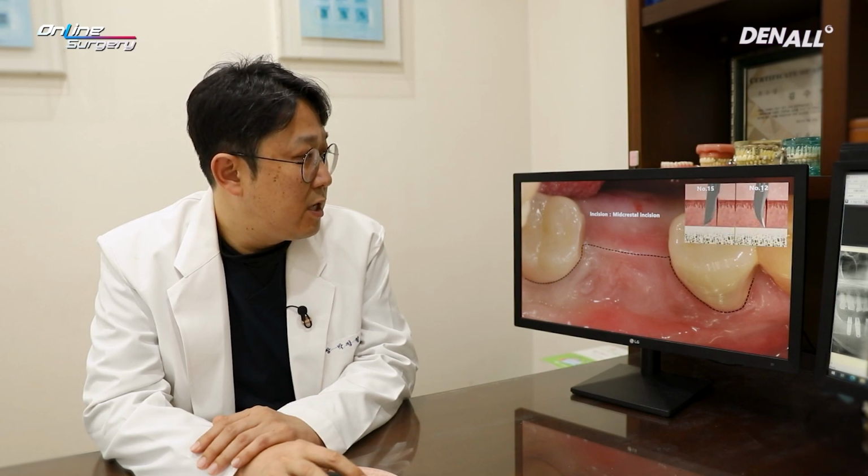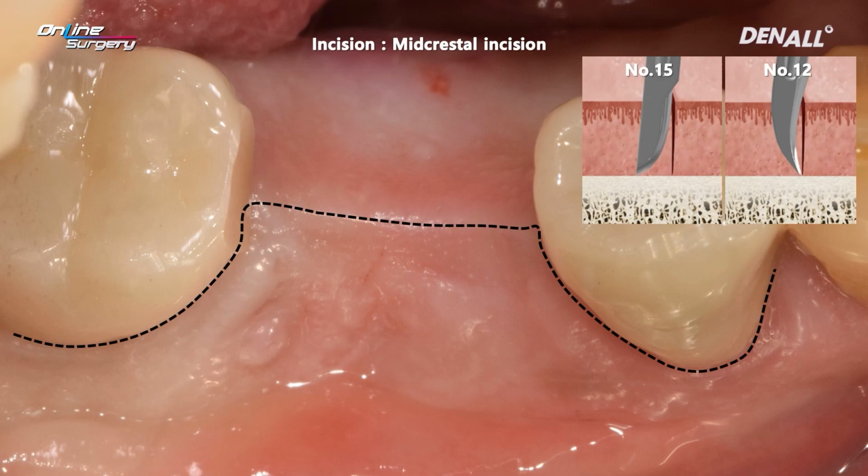When we use a blade, the number 15 blade is easier to use, but the problem is it is not easy to cut at the edge. So the number 12 blade works better. In the interproximal area, where it touches the tooth, we need to use number 12 that will cut more cleanly.